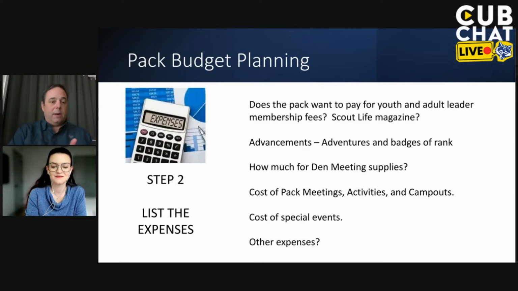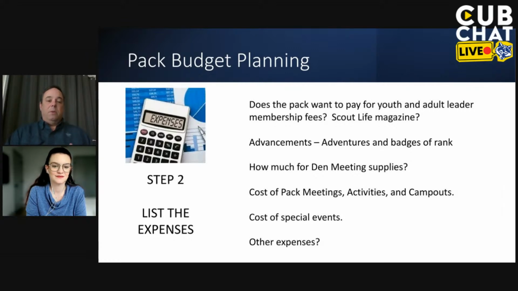But if you fundraise or you pay dues, that's where that goes. So you'll never have to pay your membership fees again, as long as you're meeting the minimum expectation of fundraising within the unit. And we'll talk about that when we talk about communication.